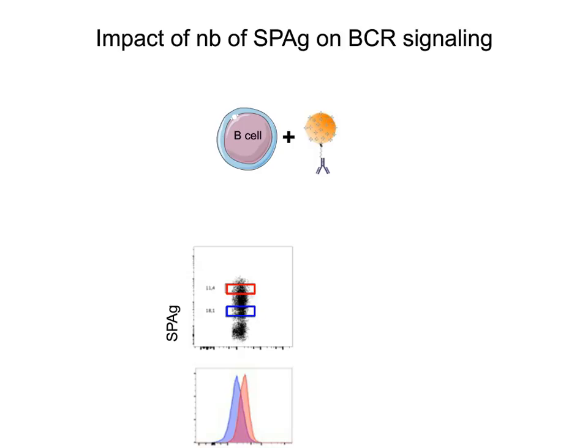This will have an impact on the amount of BCR signaling you are triggering. For example, here, the B cells in the red gate have bound a lot of SPAG because the fluorescence is high, and they, of course, have more phospho-BLNK signaling than the B cells that are also kappa positive, but have encountered less SPAG, and the phospho-BLNK signaling is lower.